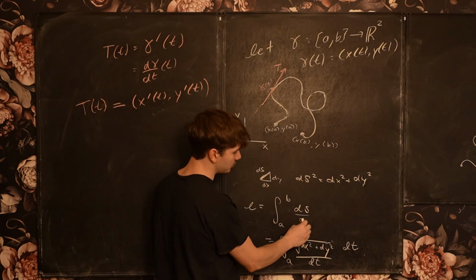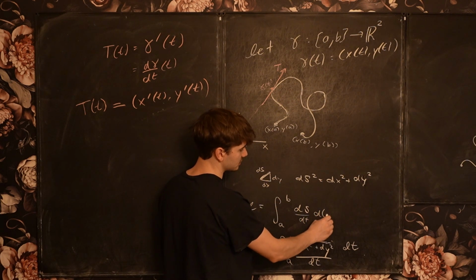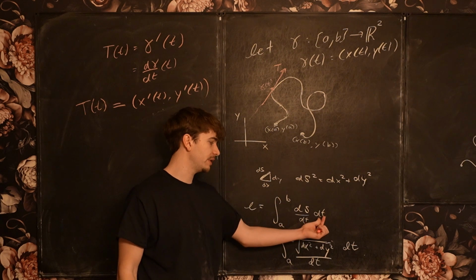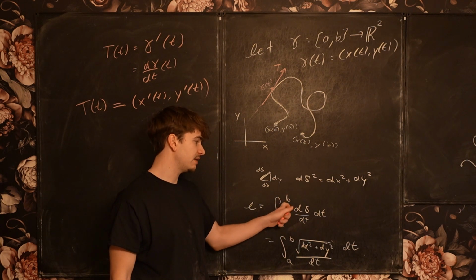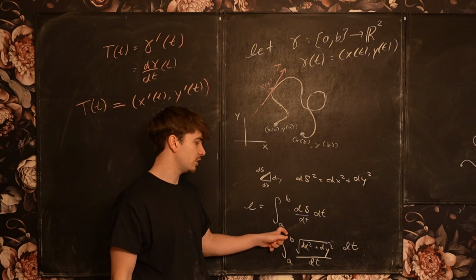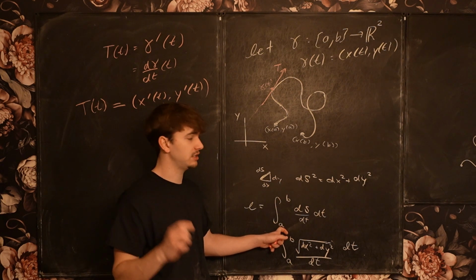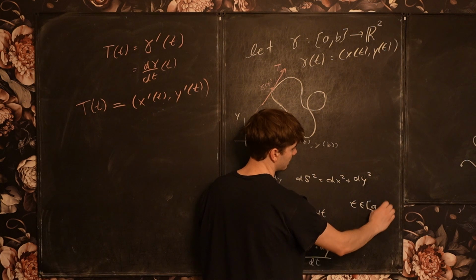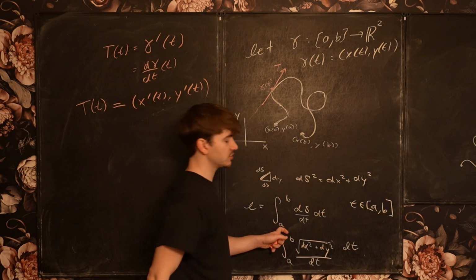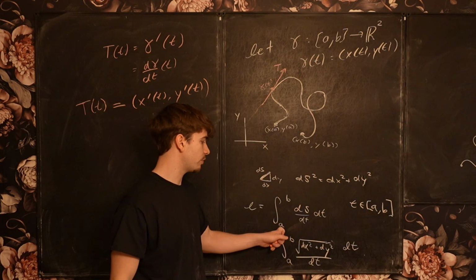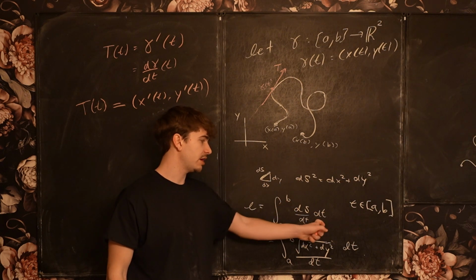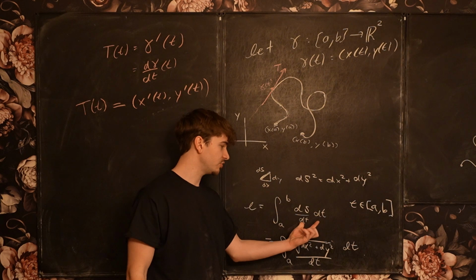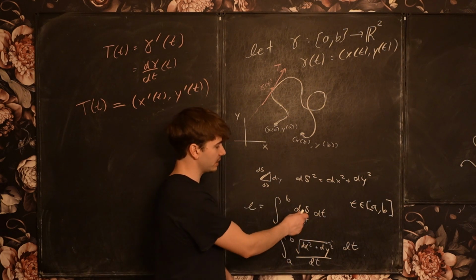So I really need to make sure this integral is in terms of t all the way through, because then this bound a to b makes sense, because this integral is over the parameterization variable t, right? T is the variable which is parameterizing my curve through AB. So if I want to integrate from A to B, then I better be integrating against t, otherwise this integral doesn't make sense. But intuitively speaking, what I really want is ds.